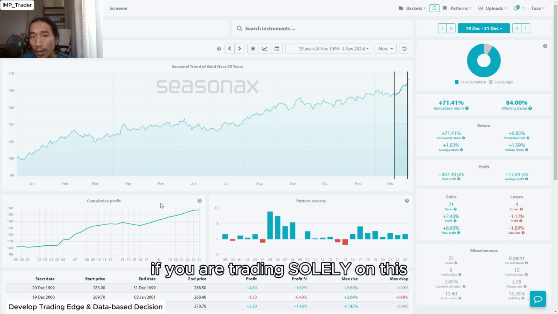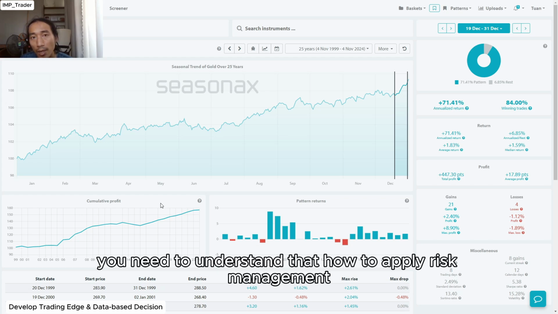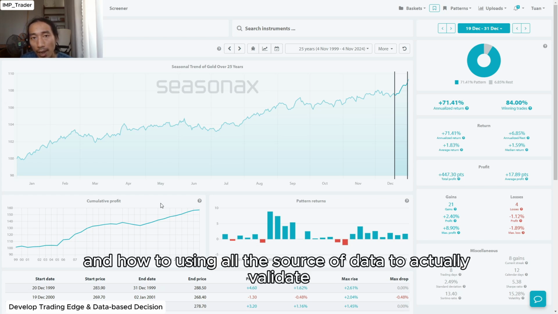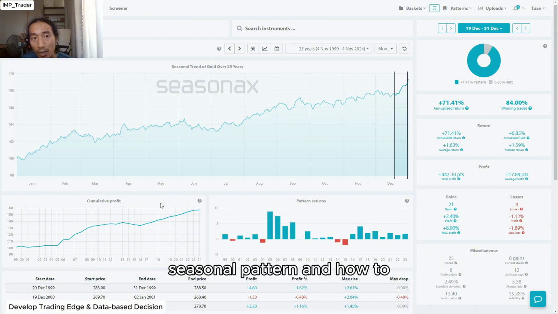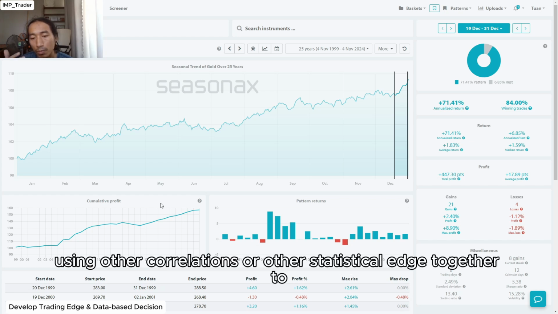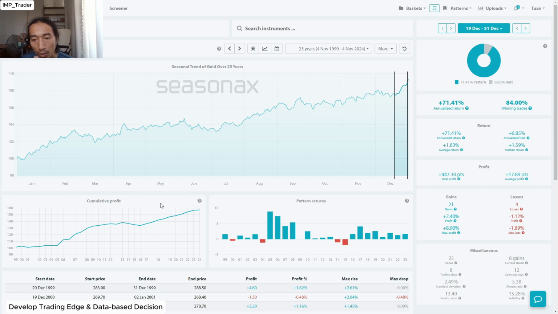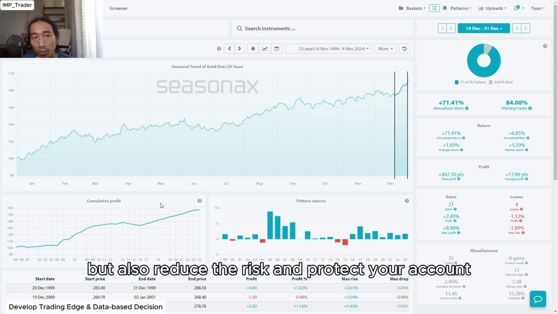If you are trading solely on this, you need to understand how to apply risk management and how to use other sources of data to actually validate the seasonality pattern, and how to use other correlation or other statistical edge together to maximize your profitability but also reduce the risk and protect your account.